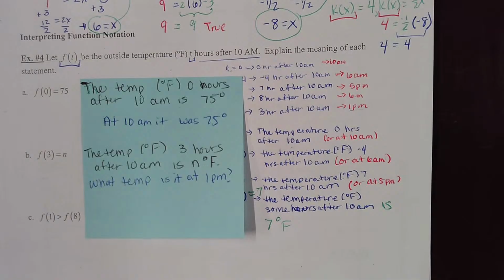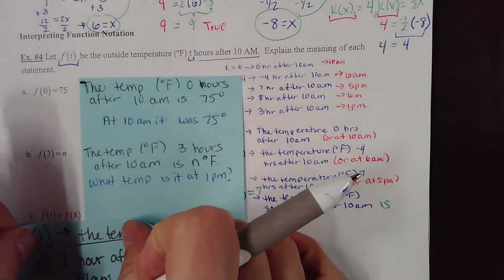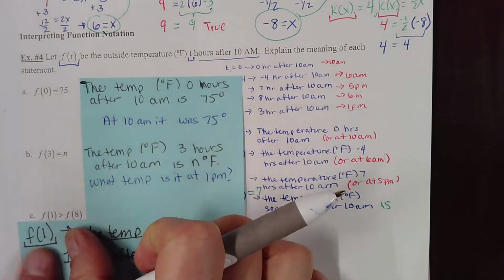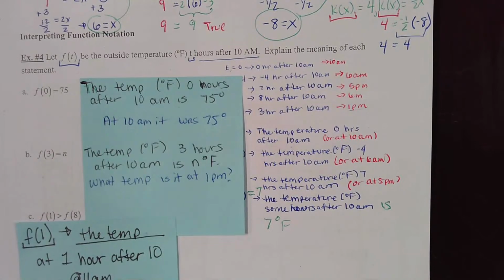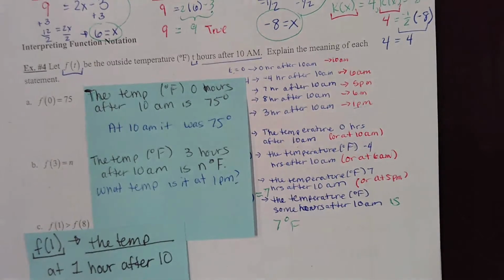uses all of this plus an inequality. So F at 1. Well, F means the temperature at 1 hours after 10, which is 11 a.m. That's easy enough. And then F at 8. How would we say F at 8?